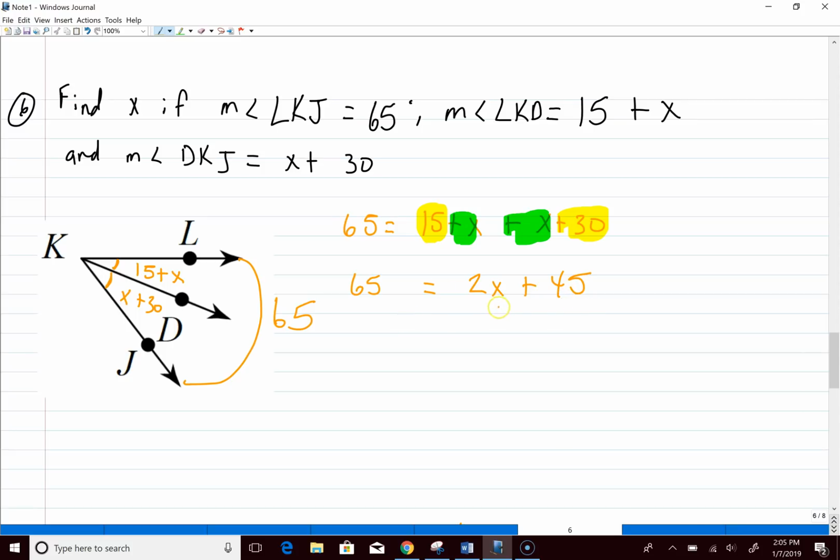You want to get X by itself, so move the 45 out of the way. Subtract 45. 65 minus 45 is 20, is equal to 2X. Get rid of the 2 because you want the X by itself, so divide by 2. 20 divided by 2, that's going to give us 10. X is 10. We're only looking for X, so then you have your answer. X is 10.